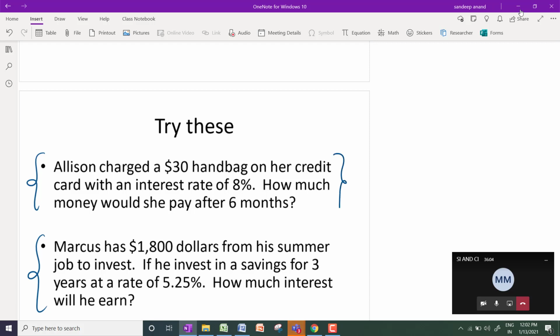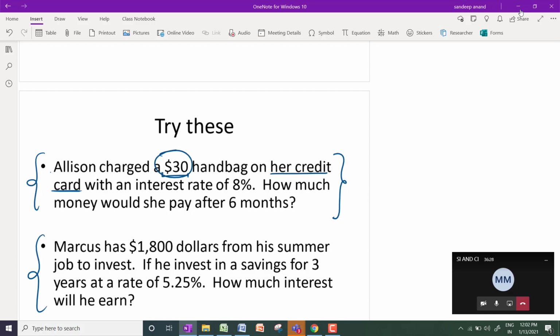Dear everyone, please drop your pen and look at the screen. Alison charged a $30 handbag on her credit card. It means this amount is borrowed, not invested.